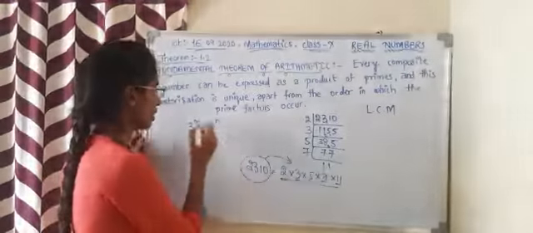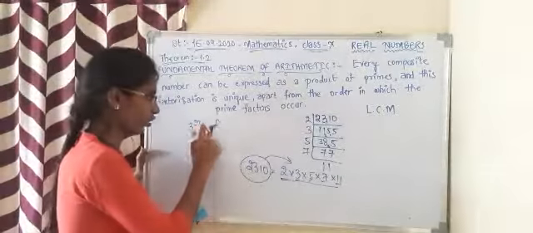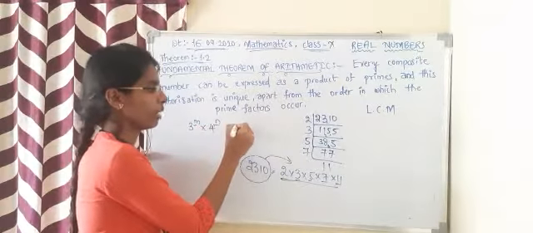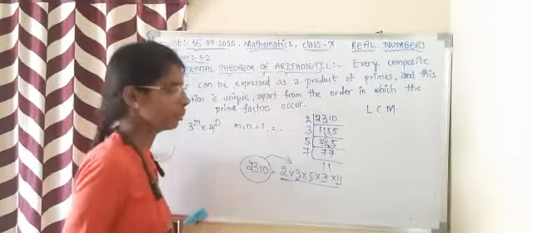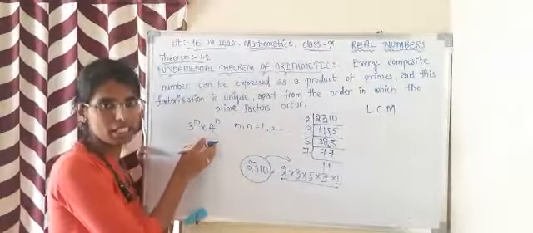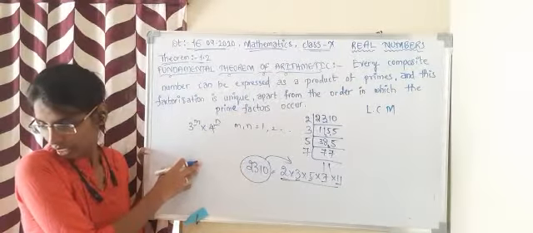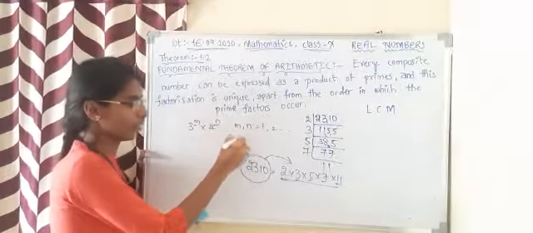Sorry, this is given as 4^m. Here m and n are natural numbers, that is from 1 to infinity we can take any numbers. What they have given is, we have to check whether these numbers end with 0 or 5.